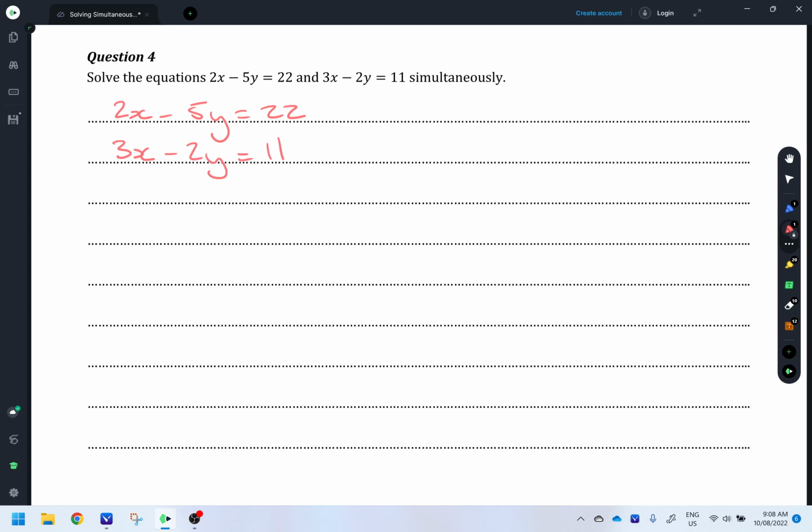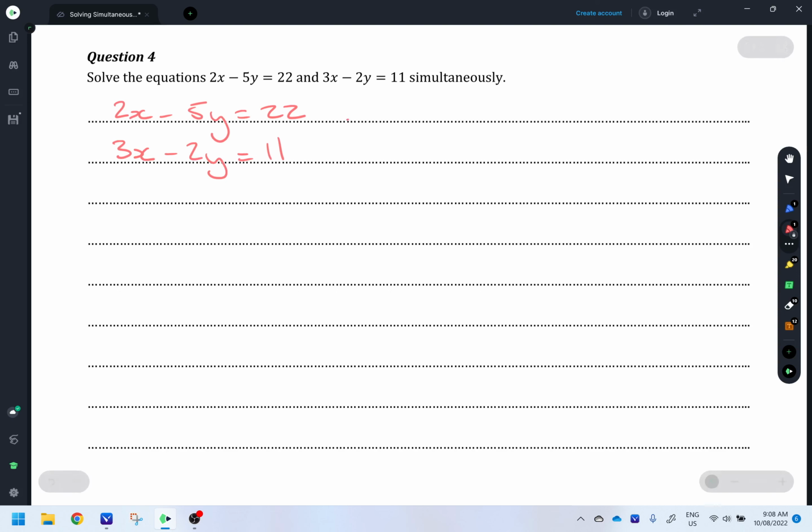So we're going to need to do some changing of the equation. The problem though is that if I wanted to change the x to be 3, I can't multiply 2 by a number to get 3. Well, I can multiply by 1.5, but that makes it a bit trickier. Similarly here with the y's, there's no number that I can multiply -2 by to get -5.